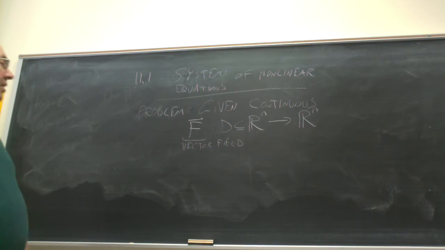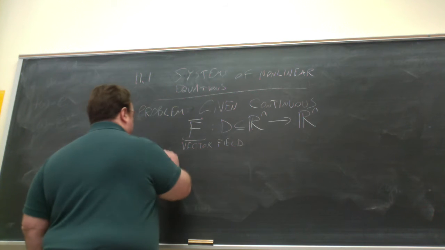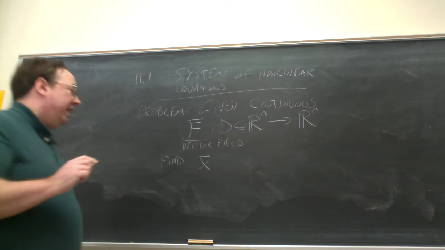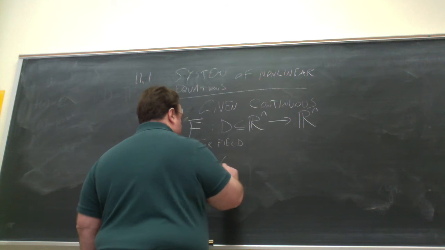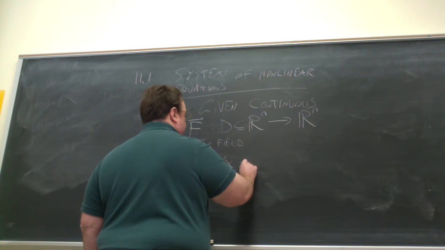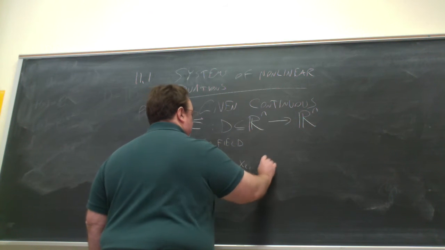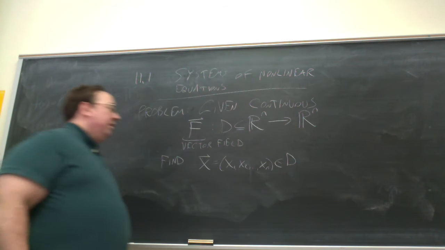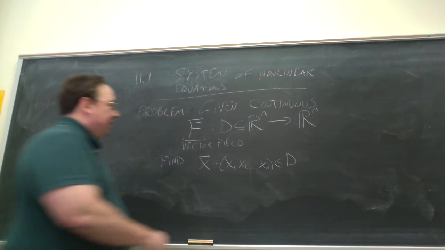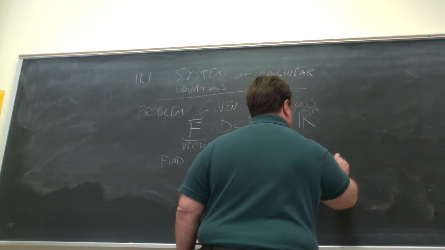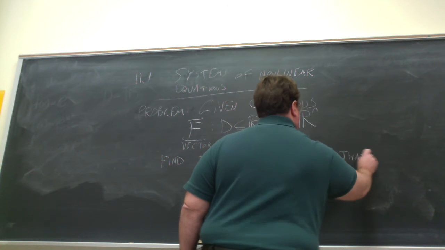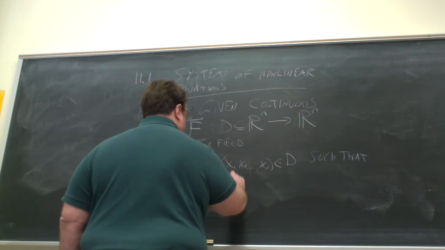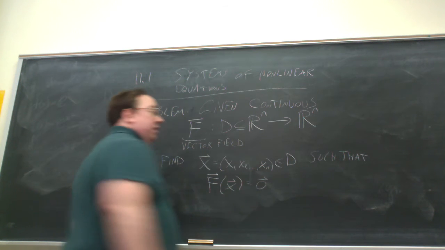So given such a function, our goal is to find some vector x, which would have components x1, x2, up to xn, in the domain of the function D, such that big F of vector x is the zero vector.